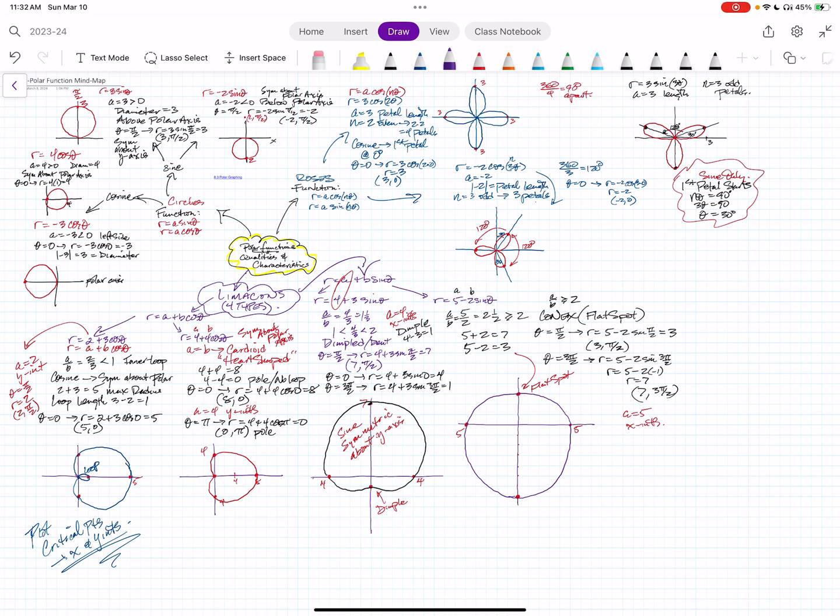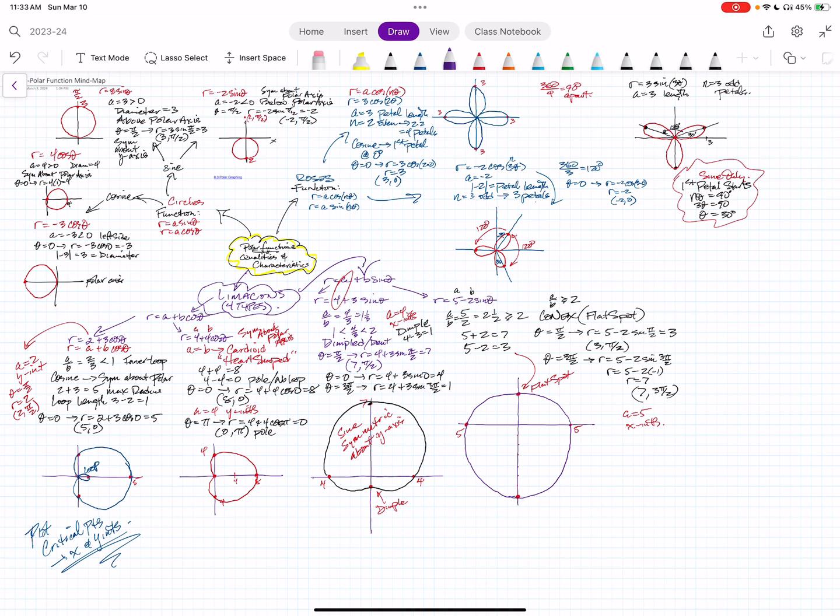This is what you should do and how you should study to get it in your head, because watching me is one thing. It doesn't mean you can do it by yourself. Using Desmos gives you an idea of how things work, but it doesn't get it into your deep memory where you can actually remember all this stuff.